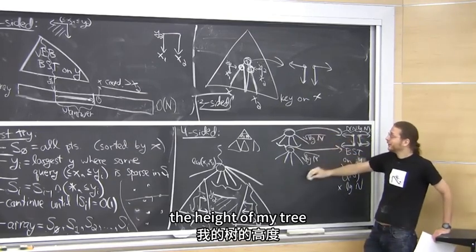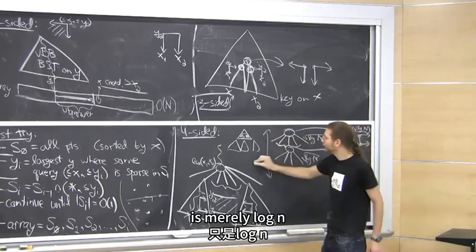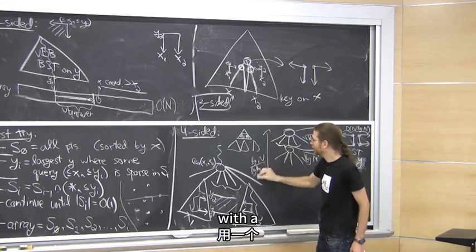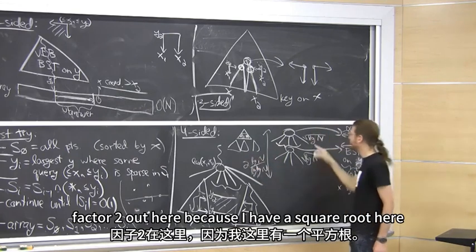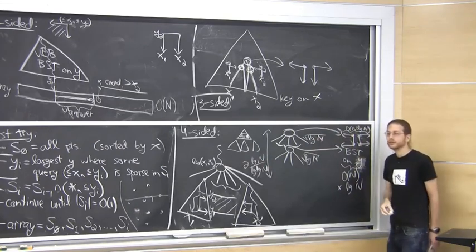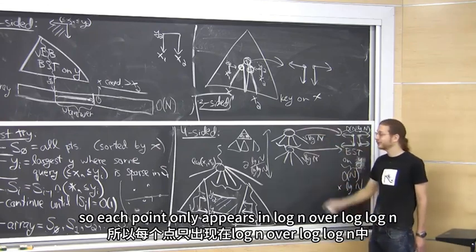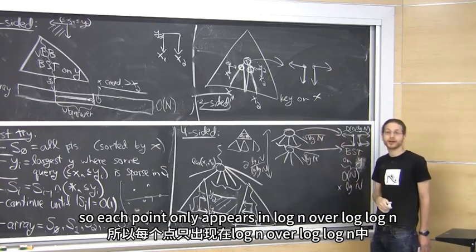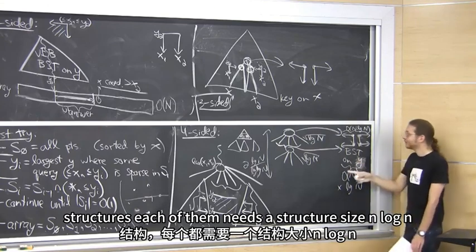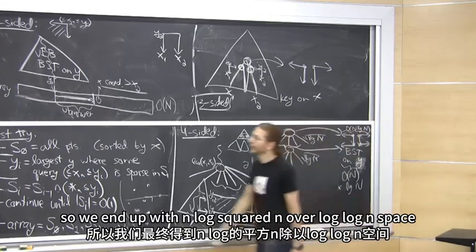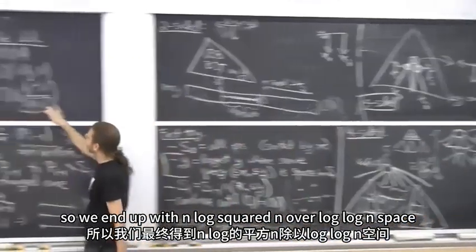But now the height of my tree is merely log n over log log n, so each point only appears in log n over log log n structures. Each of them needs a structure of size n log n, so we end up with n log squared n over log log n space.